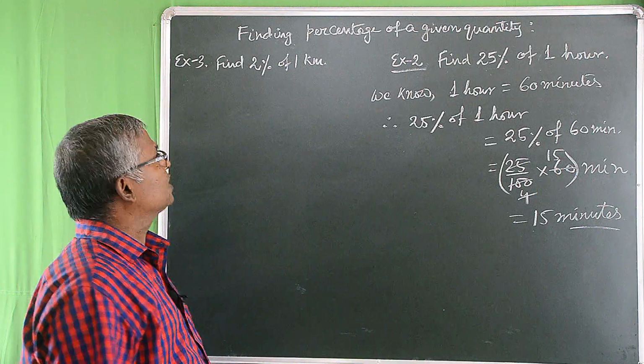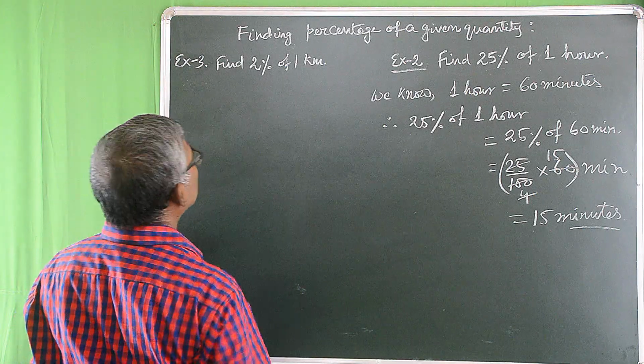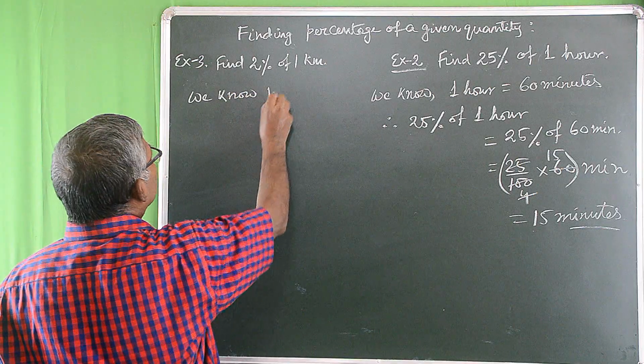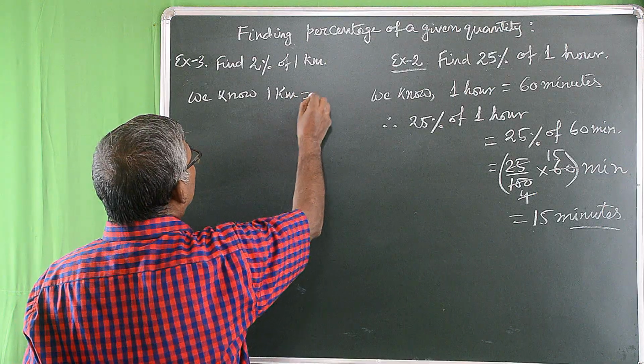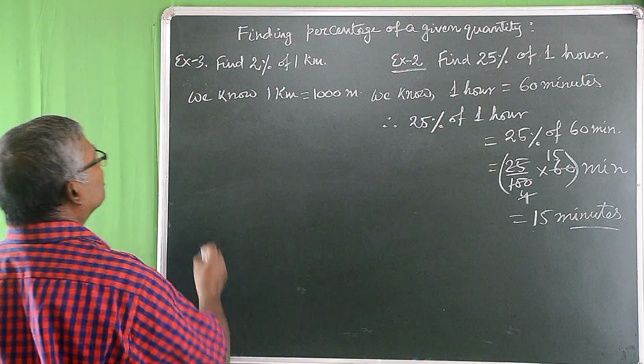Students, let us consider the third problem. Find 2% of 1 kilometer. We know 1 kilometer equals 1000 meters.